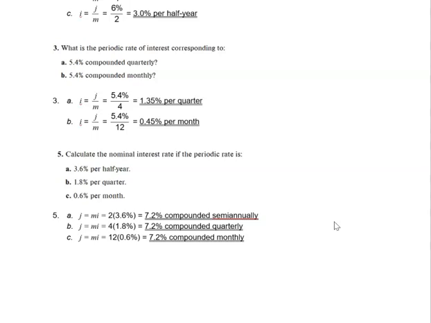For the next one, 1.8% per quarter. So we need to multiply that by 4 to give you 7.2% compounded quarterly. And 0.6% per month. Multiply that by 12. And that again gives you 7.2% compounded monthly.